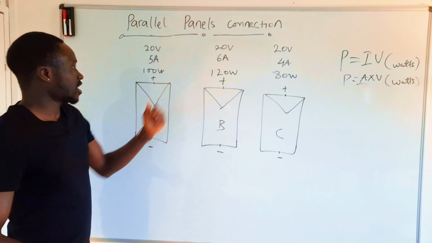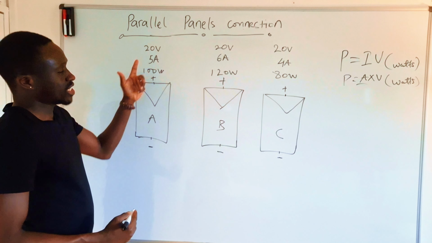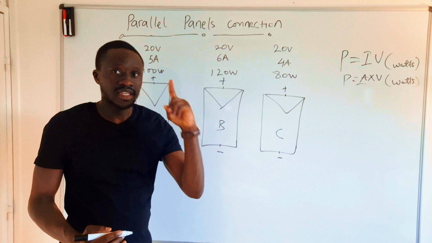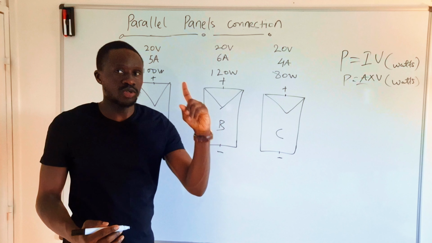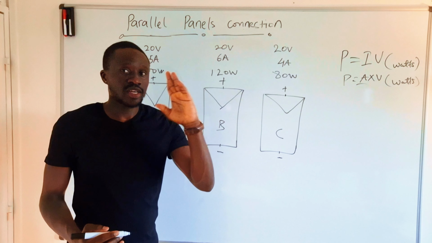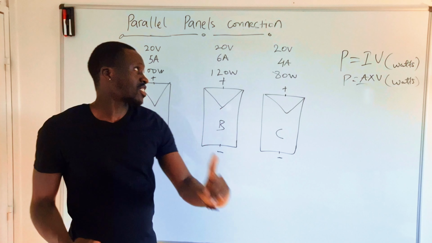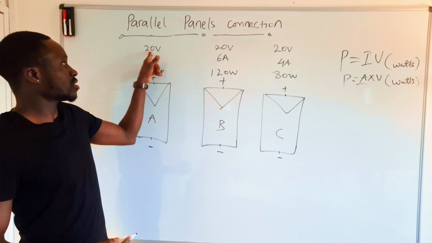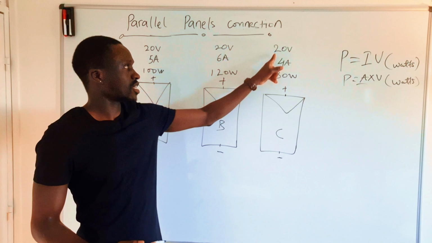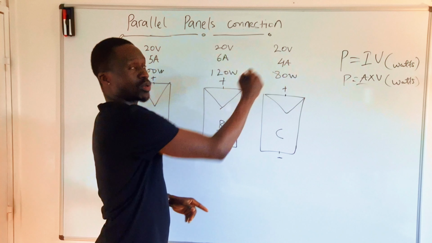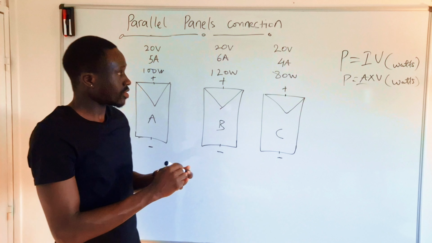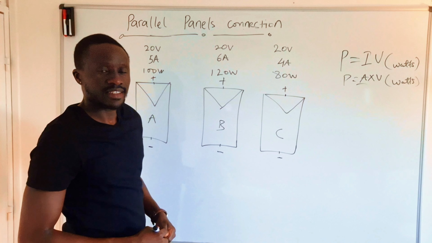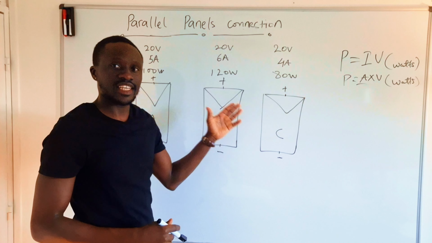Now, we said in parallel connection, our aim is to increase the current, not voltage. Voltage will remain constant. Which voltage? The voltage of one panel. This panel has 20 volts, this panel has 20 volts, and this panel has 20 volts. Our voltages will remain 20 if we connect in parallel.